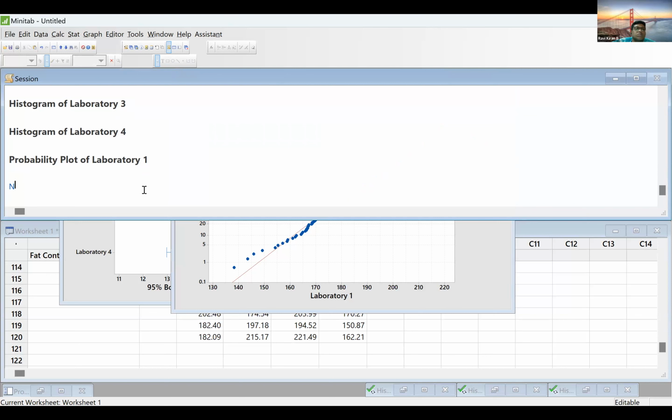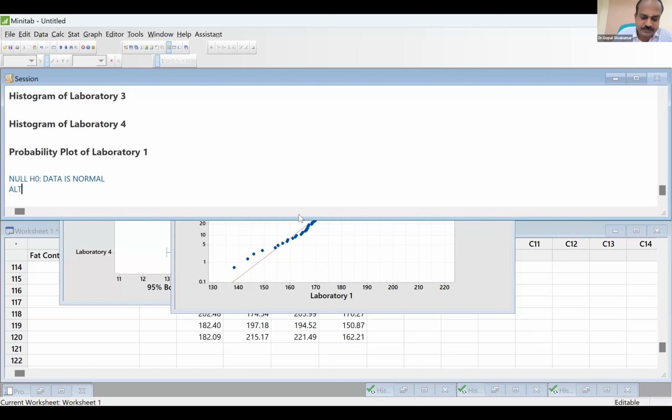For the normality test, what is your null? Please note, the null hypothesis is a statement of normality. We already told you it is a statement of equality, a statement of innocence. Now one more definition: null is the statement of normality. The abnormality should appear in your alternate. So what is the alternate?